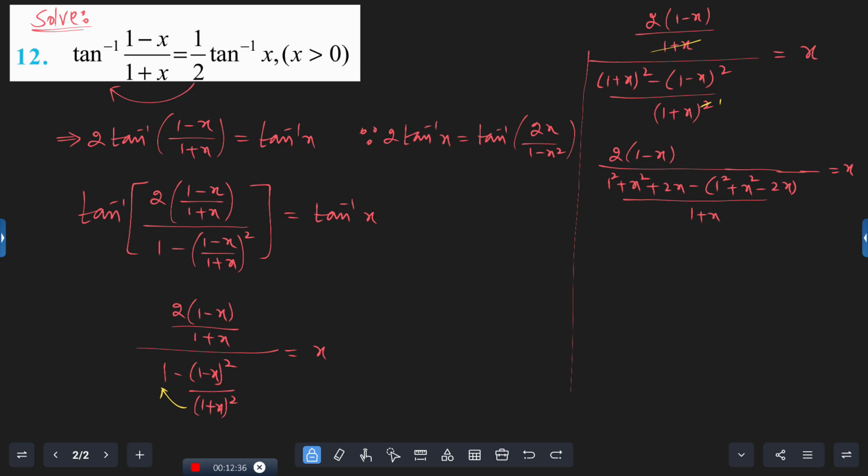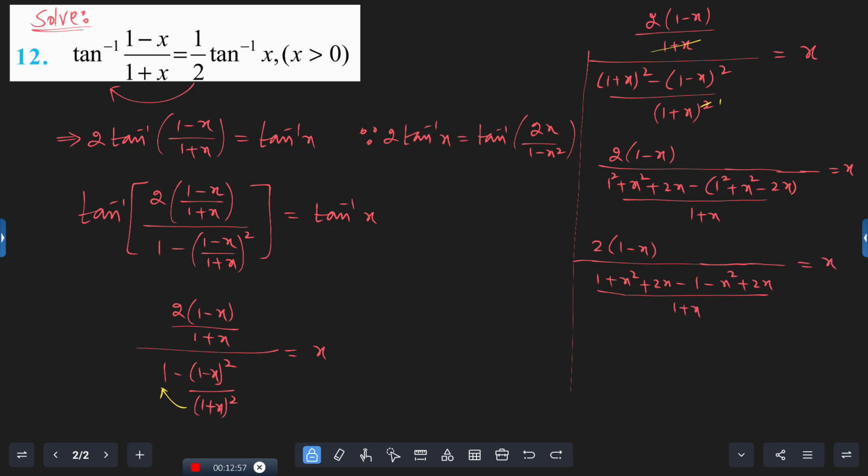Now apply the negative inside the bracket: 2 into (1 minus x) divided by 1 plus x square plus 2x minus 1 minus x square, minus into minus plus 2x, whole divided by 1 plus x, equal to x.